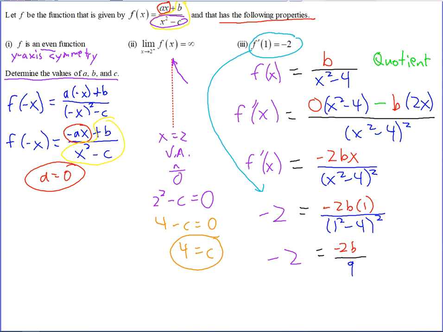And then just solve it for b. So you can multiply both sides by 9 to wipe out the fraction. That gives you negative 18 equals negative 2b. And divide by negative 2. So we get b would have to equal positive 9.